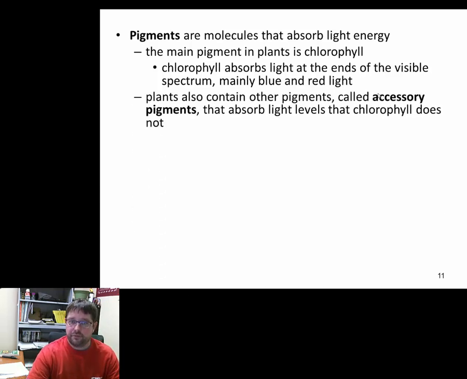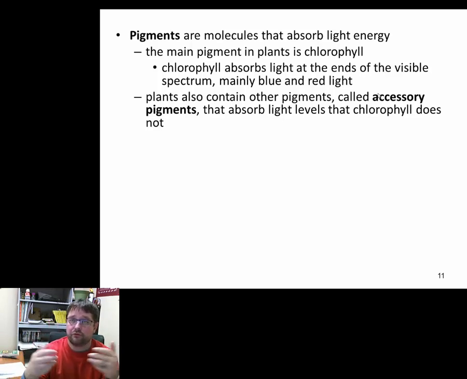Other plant pigments can absorb other light levels. So where chlorophyll cannot absorb green, so it doesn't absorb nanometers in that 550, 600 region. It's not absorbing those wavelengths. It's reflecting them back, and that's why we see green, and I'll talk about that in a second. But accessory pigments like xanthophylls and carotenoids and whatnot, they have the capability of absorbing outside the levels that chlorophyll do.